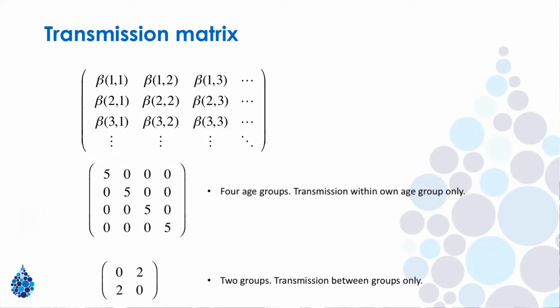So here's the special case where people only mix or get infected by people in the same age group. Everything's 0 except the diagonal. Okay. We might have this case where you're only infected by people in other age groups, never your own. So we've got the off diagonal. You might see this for other structures more commonly.